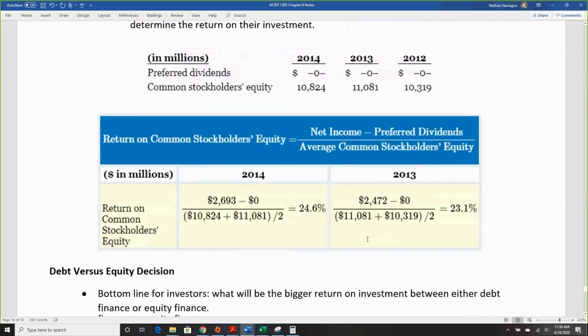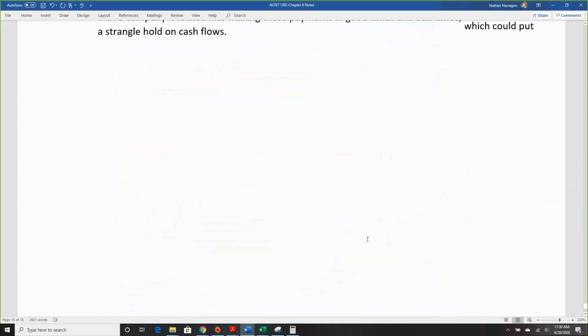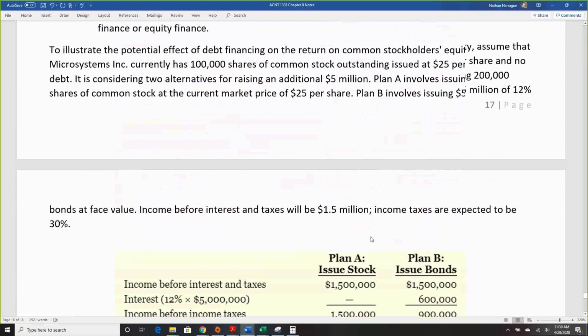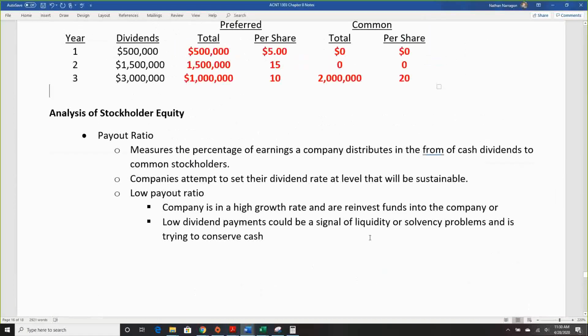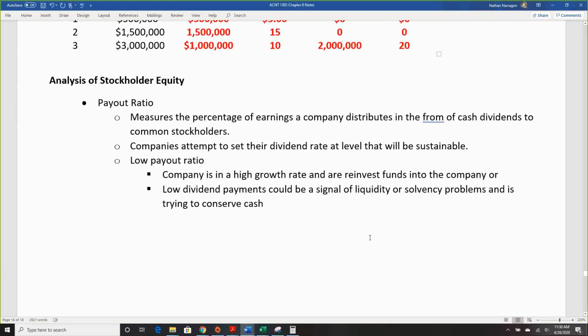So, the last little parts are about ratios. So again, a little bit of analysis. So, the first analysis that we have is known as the payout ratio. Okay? And payout ratio is simple as this.